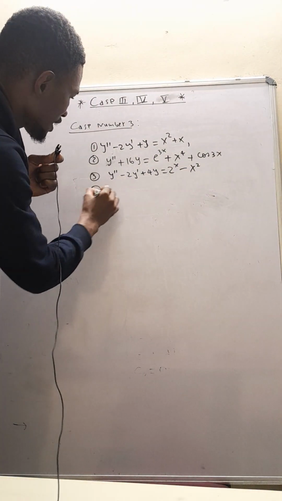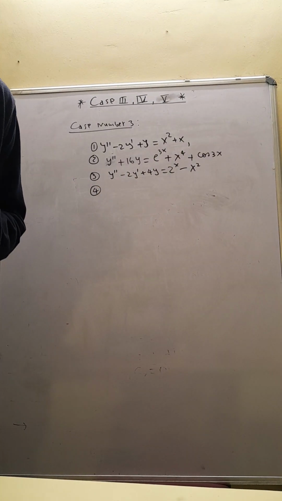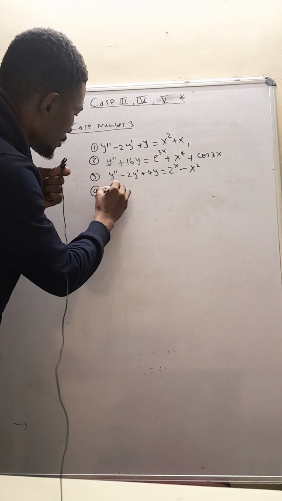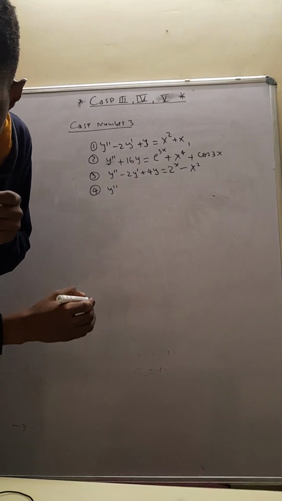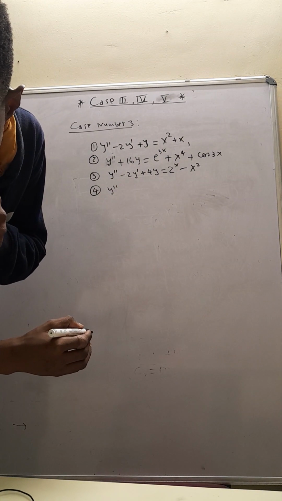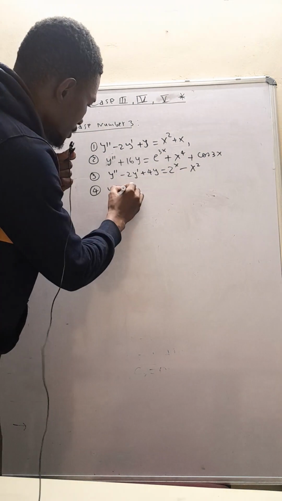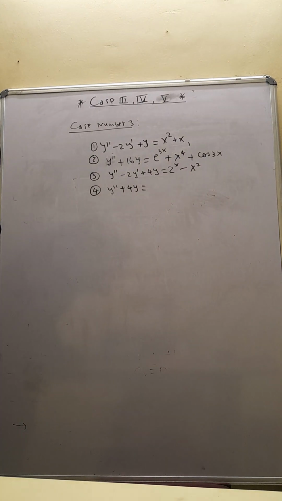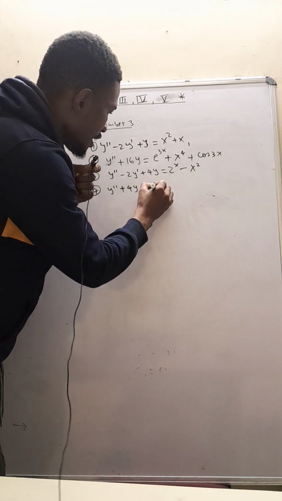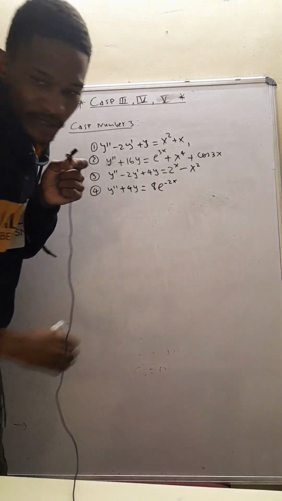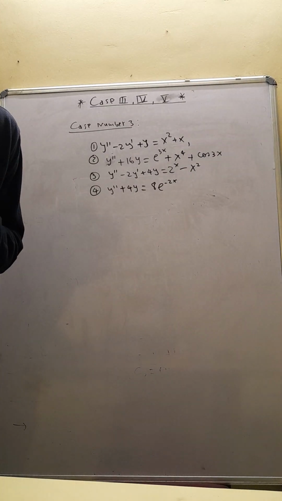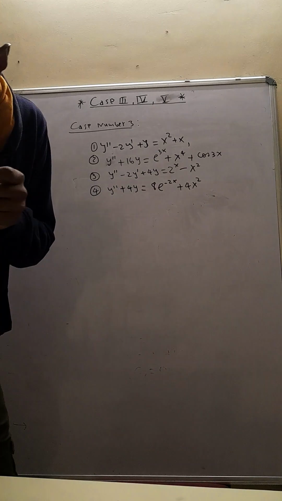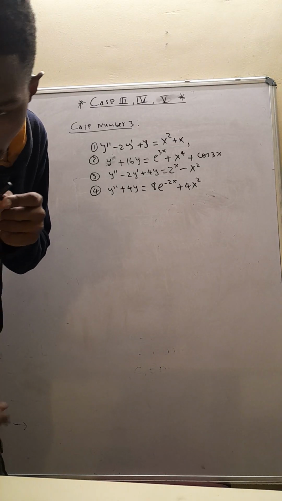And the fourth exercise here that I'm going to solve is this one. Suppose we have y double dash plus 4y dash plus 4y equal to 8 Euler raised to minus 2x plus 4x squared, then plus 2.